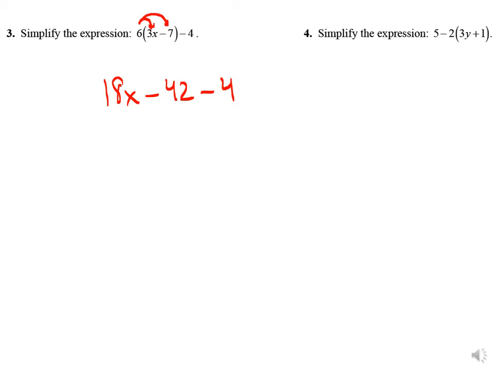That's just for distributing the 6. Still have to deal with that minus 4 at the end. So what is minus 42 subtract 4 more going to give you? Negative 46. I go with that. All right, so notice you can't add these together anymore, because the 18 has the x and the 46 doesn't. That 46, we actually call a constant term, or a constant number.